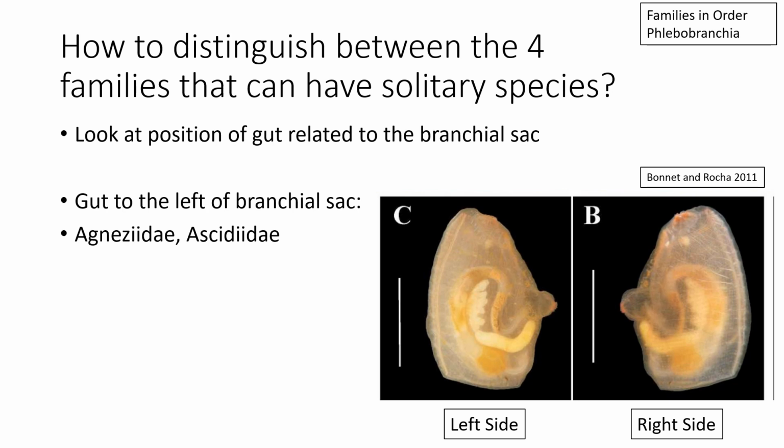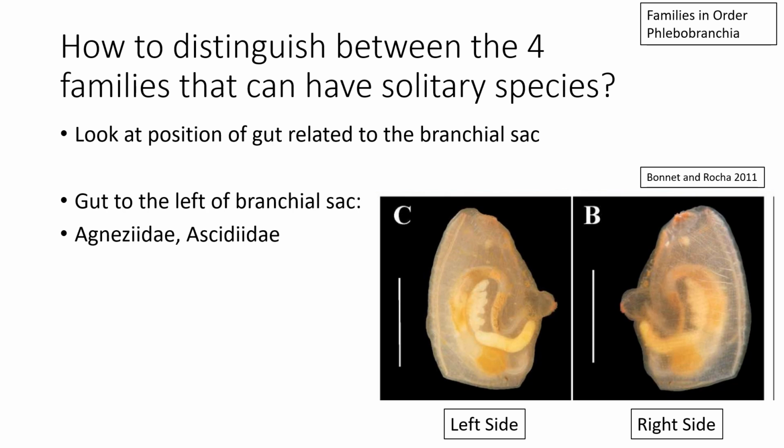In photograph B, the gut is also still to the left of the branchial sac because it's the same individual. But we are now photographing the right side of the animal, so we have to look through the transparent body wall, through the branchial sac, to the other side of the animal where we see that gut.